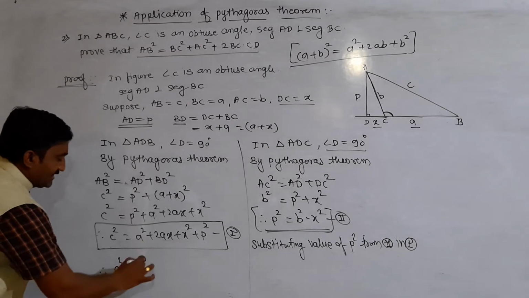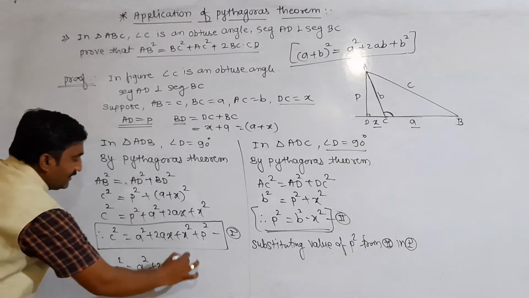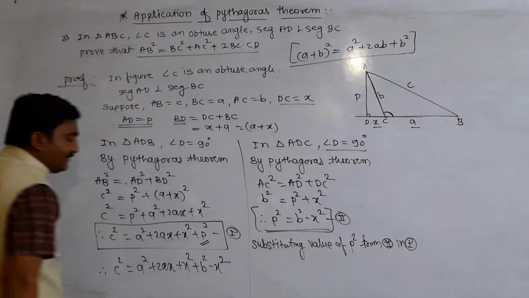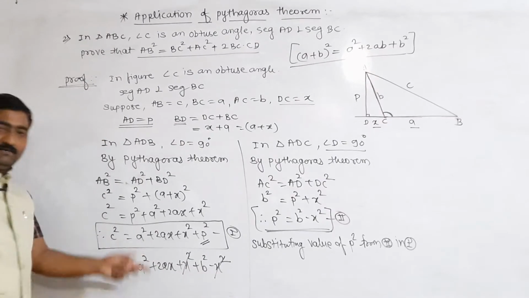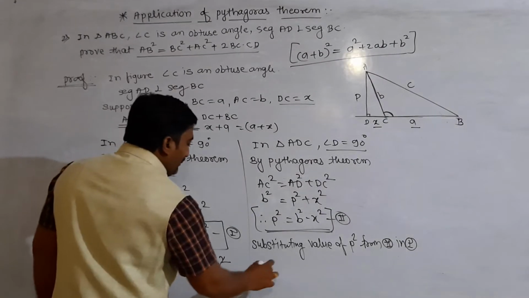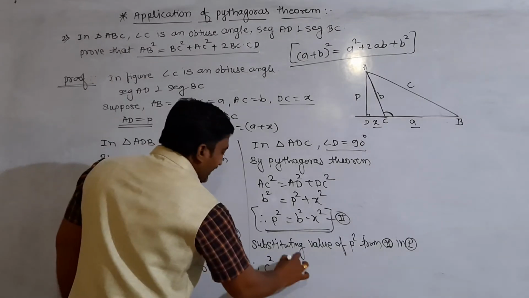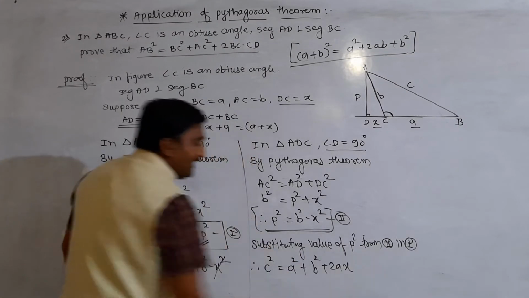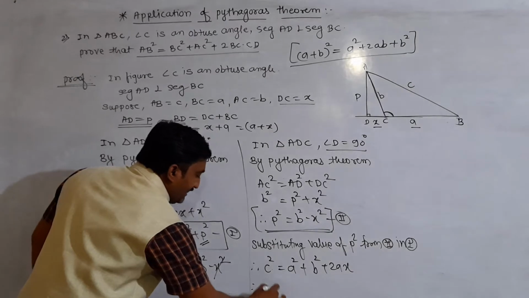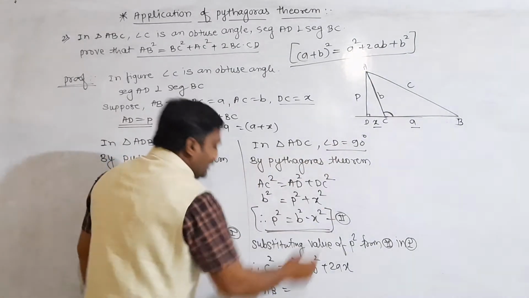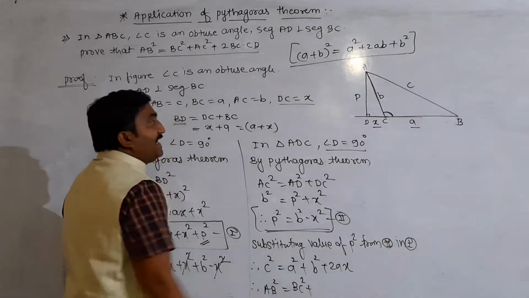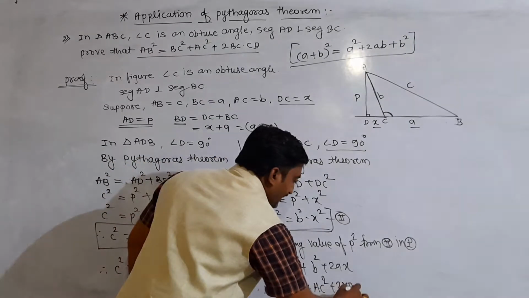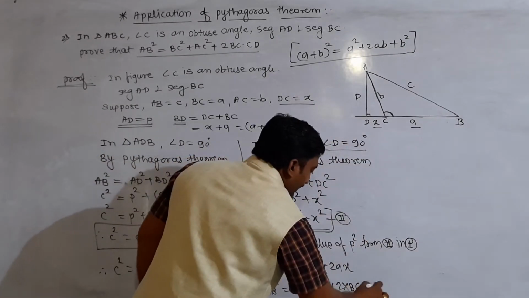Therefore c square as it is, a square plus 2ax plus x square. Value of p square is b square minus x square. This x square gets cancelled, plus minus gets cancelled. Therefore c square is equal to a square plus b square plus 2ax. It means c square, AB square, is equal to a square means BC square plus b square means AC square plus 2 into BC into x, x ची व्हॅल्यू काय, DC.